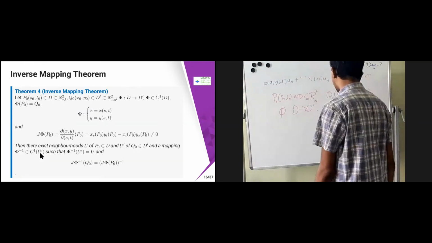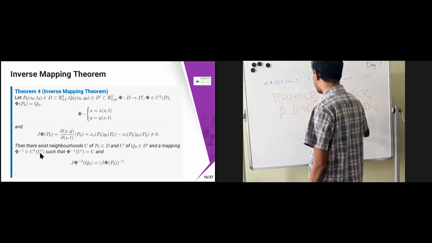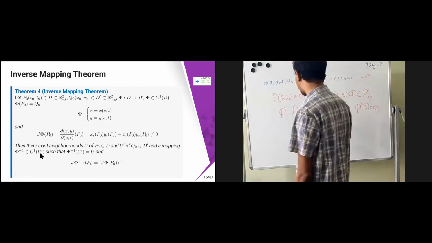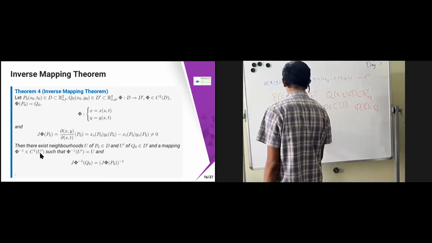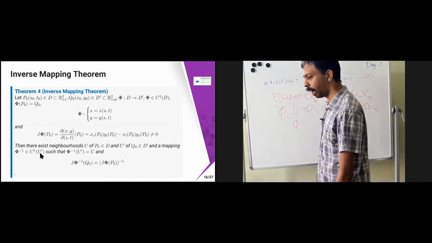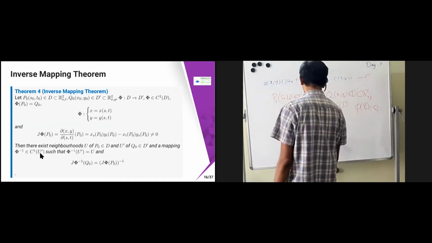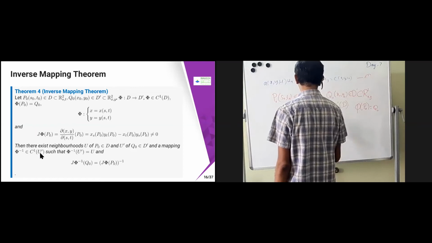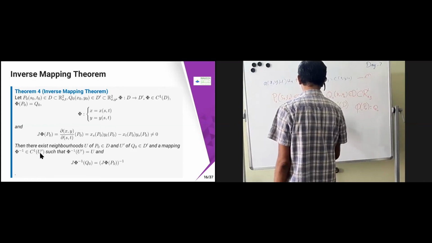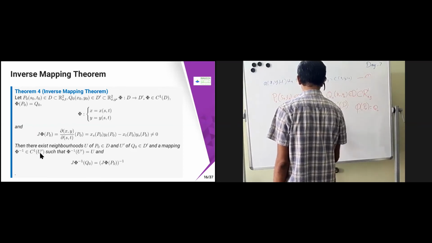Then pi is a mapping from D to D dash, so I can write pi this way: x equal to x of s comma t, y equal to y of s comma t.